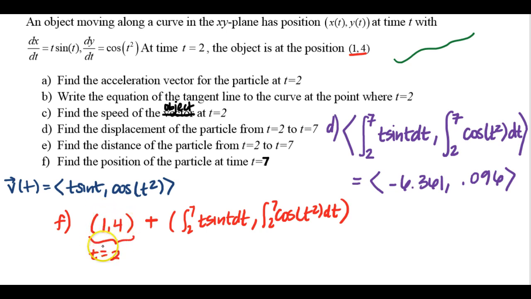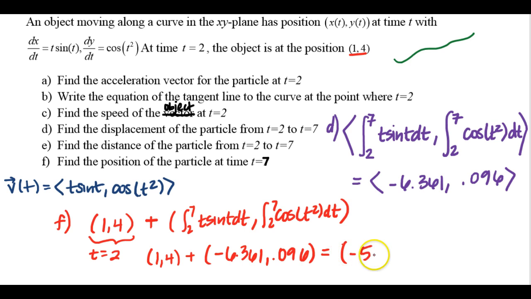Starting meaning at time 2, not at time 0, but just starting as in over the interval over which I know my displacement. So if I add these two together, I'm really doing 1, 4 plus negative 6.361 and 0.096. When adding vectors, we add their individual components. So negative 5.361 and then 4.096. This is where my particle is at time t equals 7.